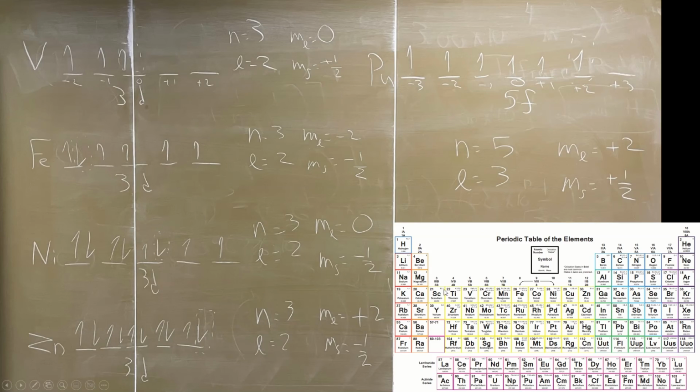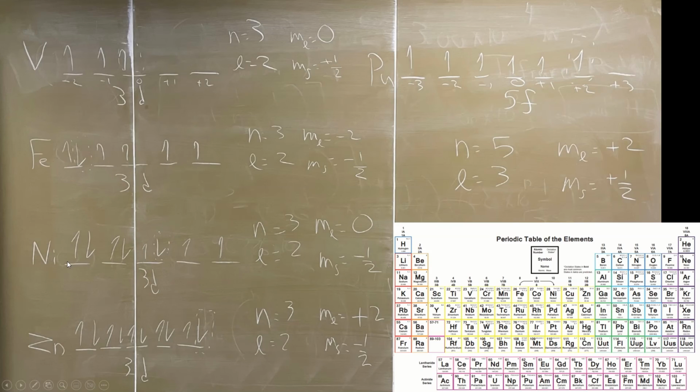For nickel, that's now 1, 2, 3, 4, 5, 6, 7, and 8. This electron here has an N value of 3, has an L value of 2.